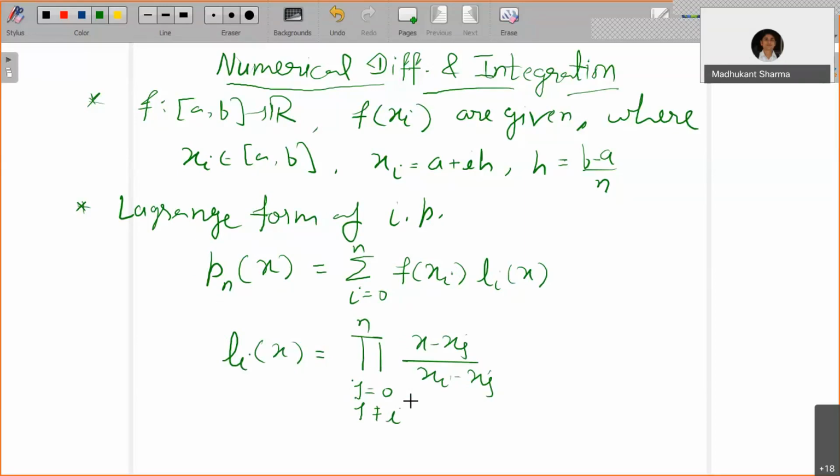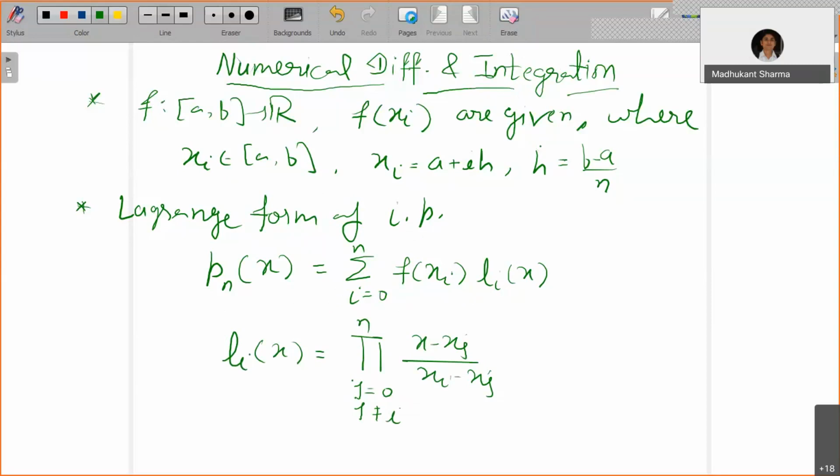Now the question is, can we use this approximation for getting the value of the function's derivative at some nodal point or somewhere in between the interval a to b, or can we get the integral value over a to b?